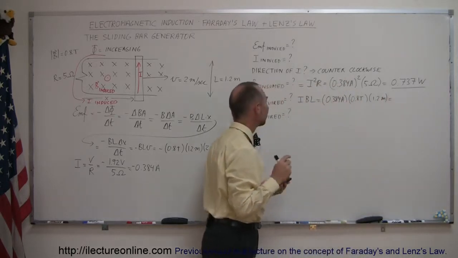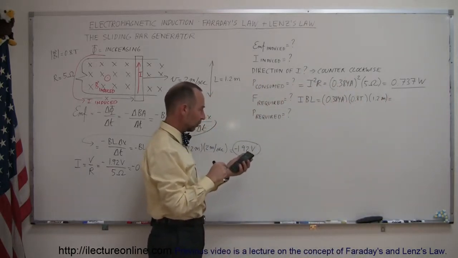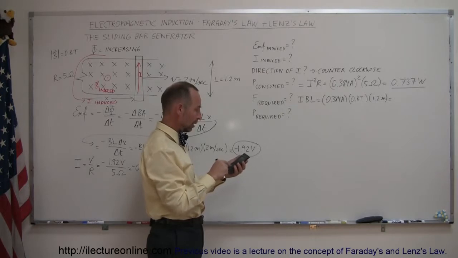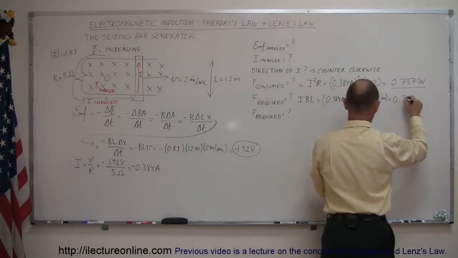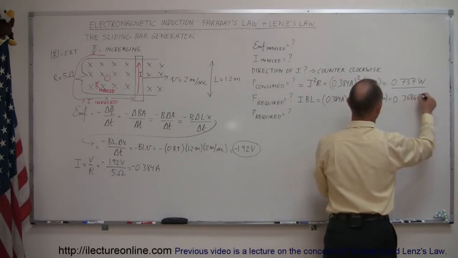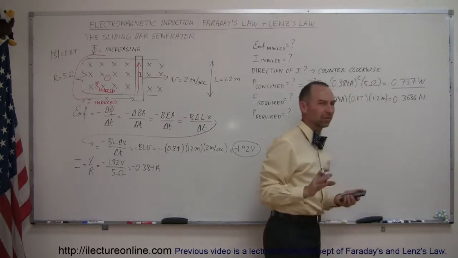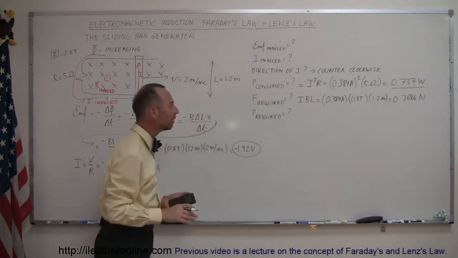And that will cause a force on that bar. So 0.384 times 0.8 times 1.2 equals, the force is equal to 0.3686 newtons. Keep a couple of extra significant figures so I don't have a round-off error.